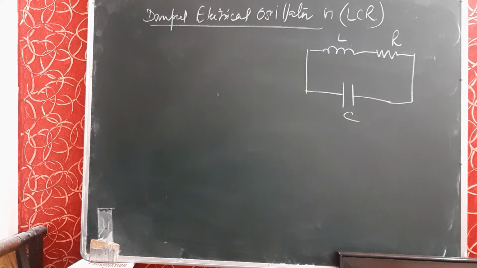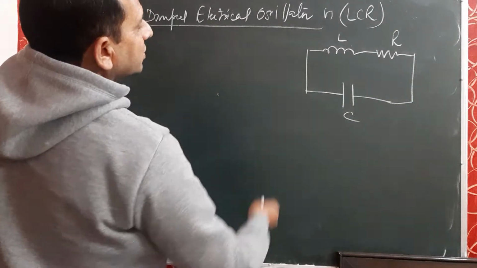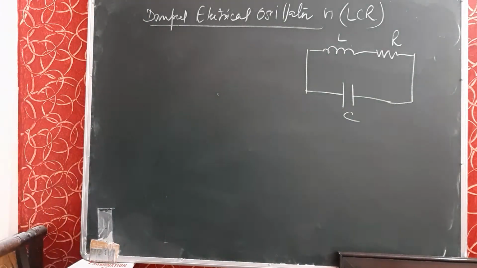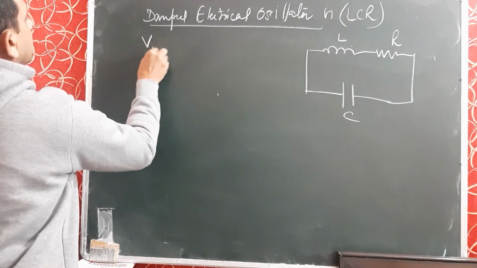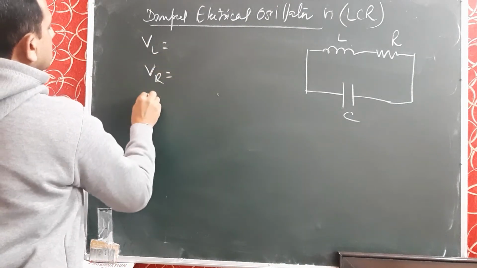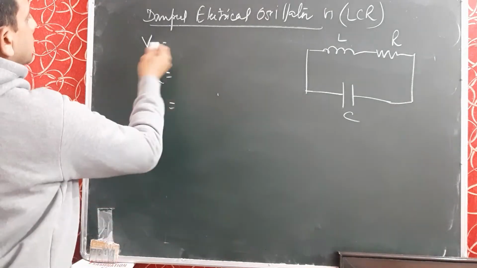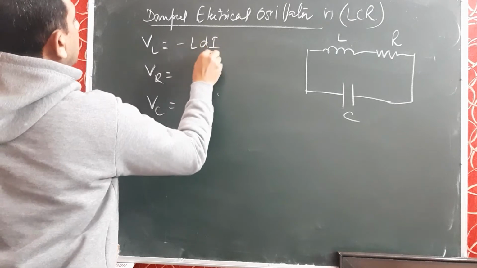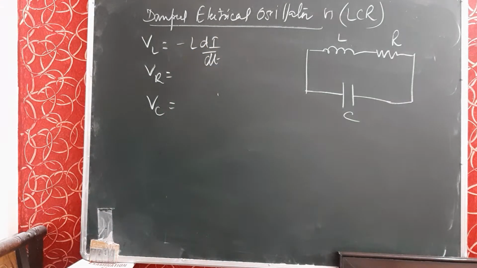So this circuit consists of three components, three elements L, C and R, and we know the functioning of each element very well. You know the voltage across the inductor, the voltage across the resistor and the voltage across the capacitor. The voltage across the inductor is minus L di upon dt, by using Faraday's law.